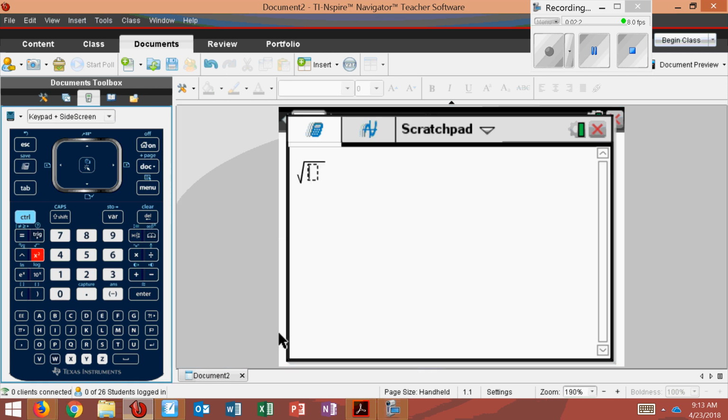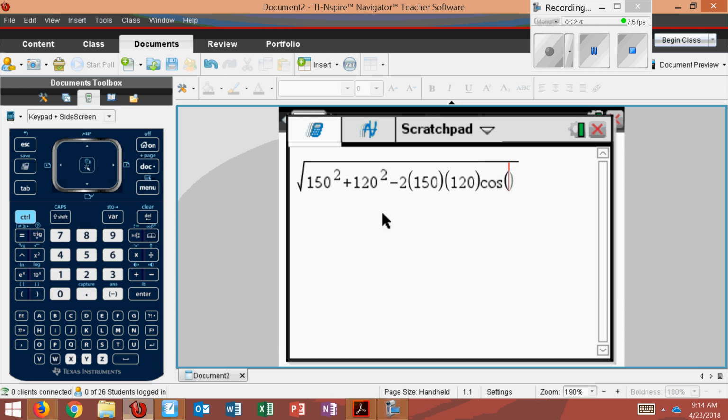Square root, 150 squared plus 120 squared minus 2 times 150 times 120 times the cosine of 110 degrees.